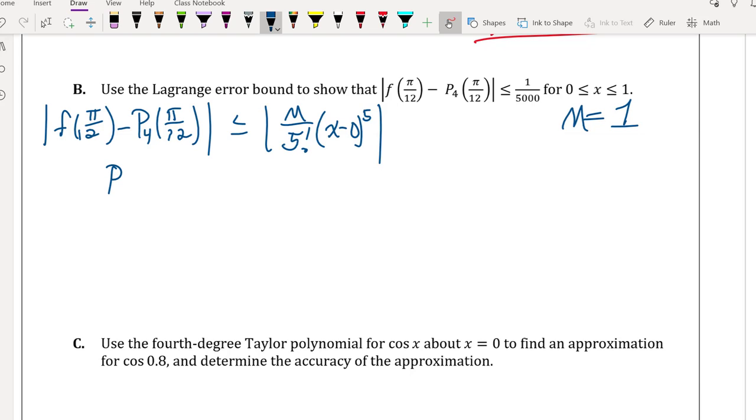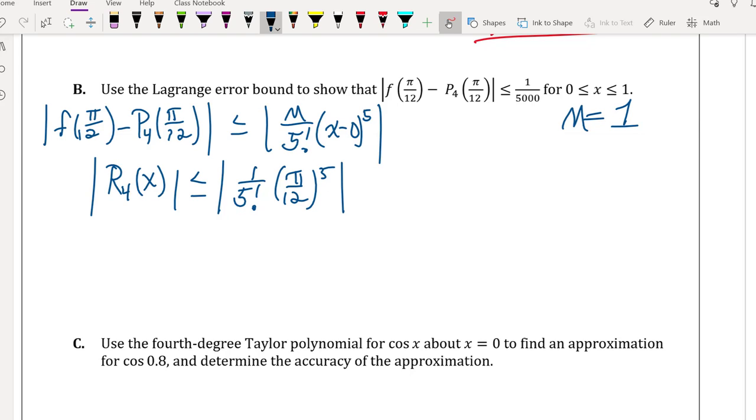So this is our R4 of x, and this is going to be less than or equal to 1 over 5 factorial times (pi over 12) to the 5th. And this is approximately equal to 1.0248 times 10 to the negative 5.